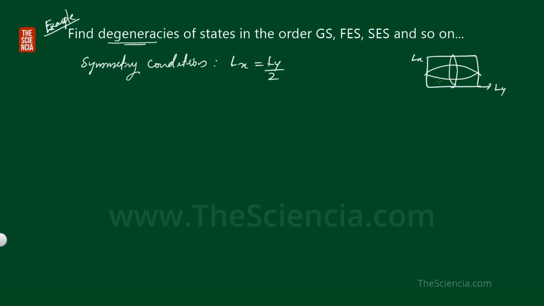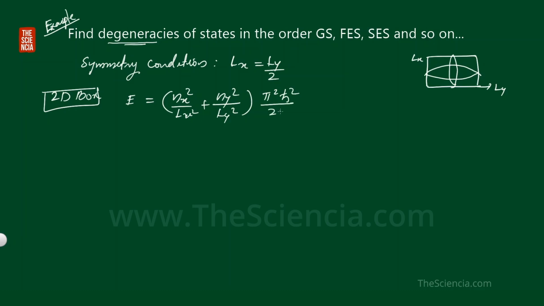So this is the condition, and we know the general expression for energy in a 2D box. That is E equals (nx square by Lx square plus ny square by Ly square) into pi square h bar square by 2m. Now we have to substitute this symmetry condition.